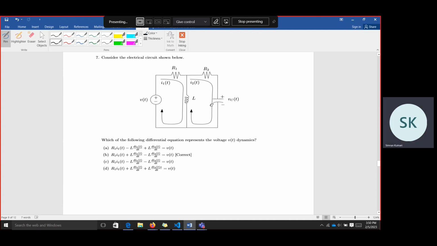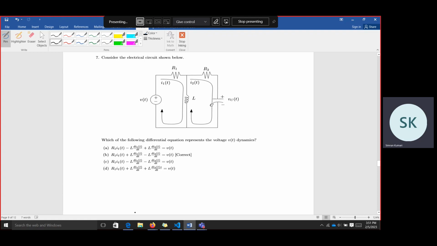So what can we write? We know the equations, the dynamics of all the components. For R1, V equal to I1 R1. For L also we know V equal to L di by dt. So these things we know, and now we'll apply the laws of KVL, KCL. So we'll apply KVL.